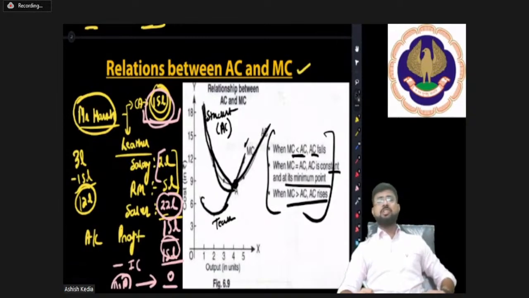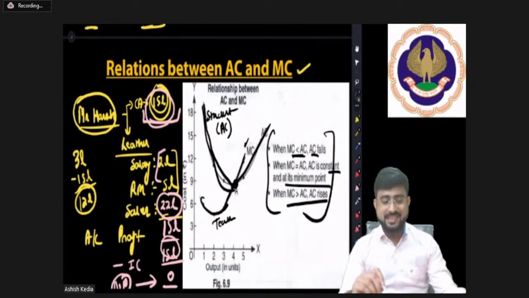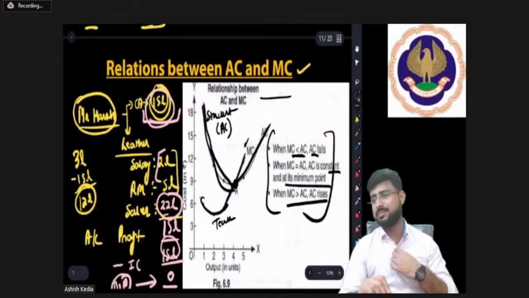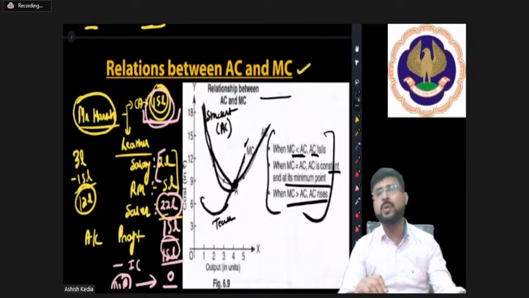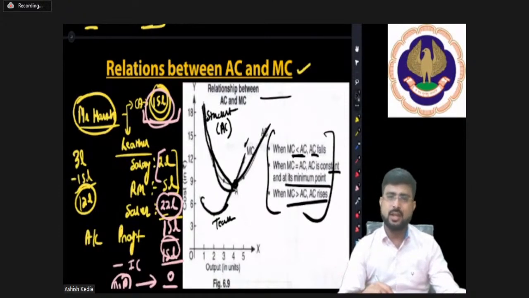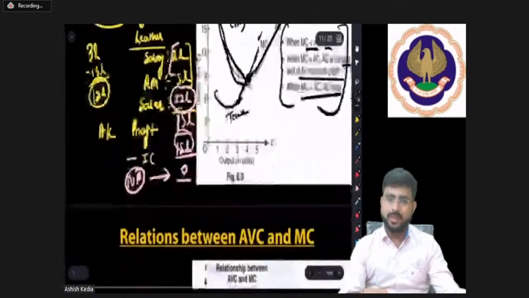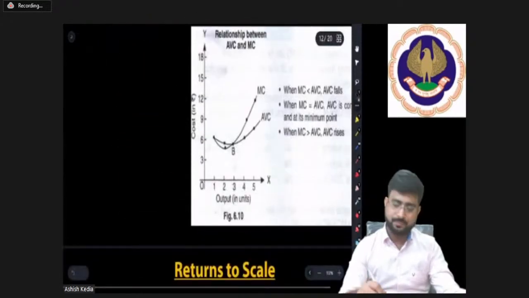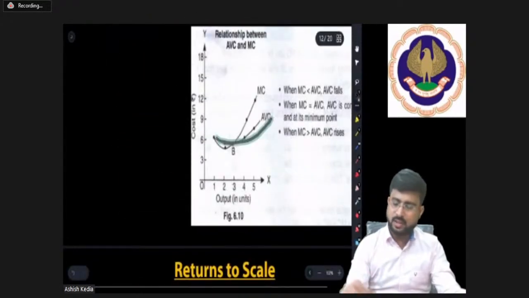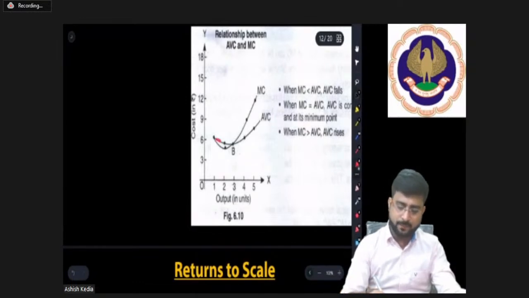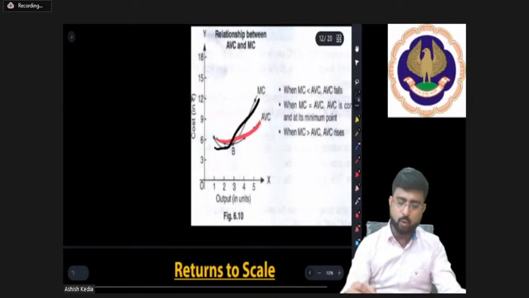And you know what the funny thing is? Same is the relationship between AVC and MC. So what are you trying to tell, sir? You're trying to tell that AVC also is intersected by MC at its minimum point. Yes, have a look. This is AVC. I'll draw it with a red line basically. You see the same scenario is happening here. AVC, MC is coming, MC is meeting it at its lowest point, and both of them are rising.